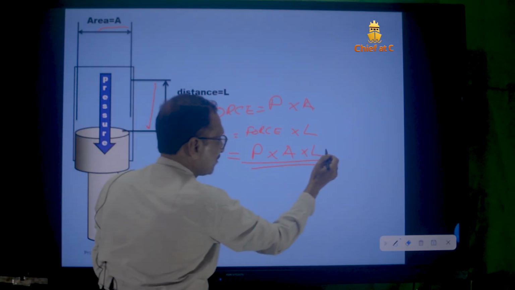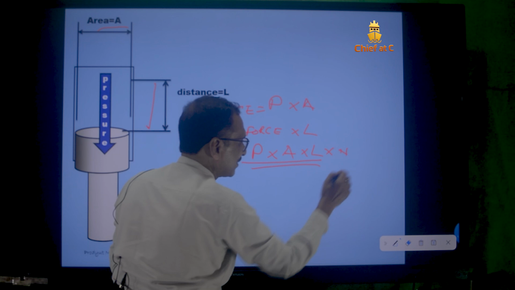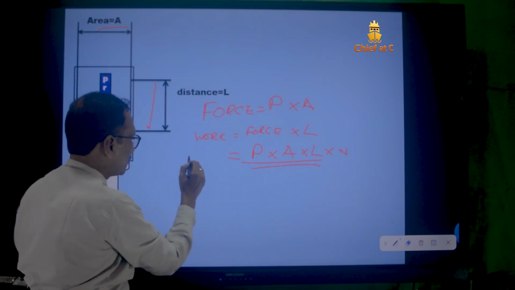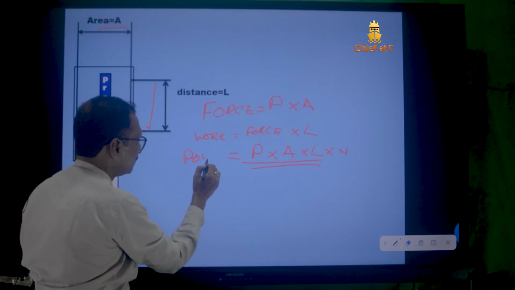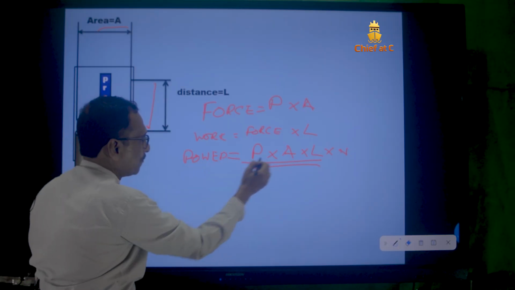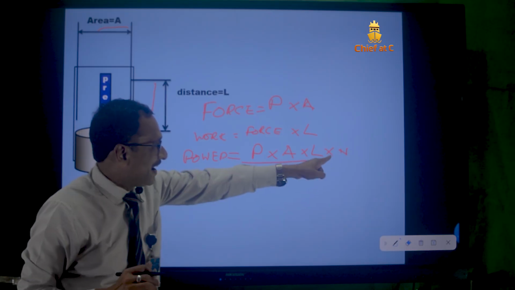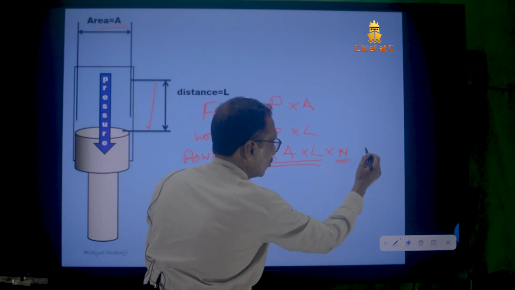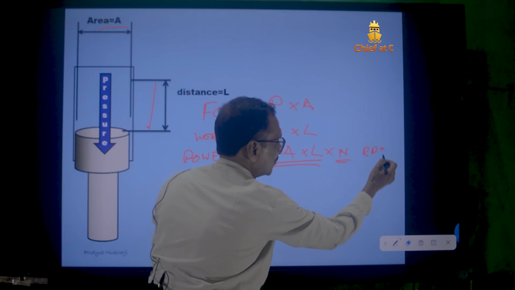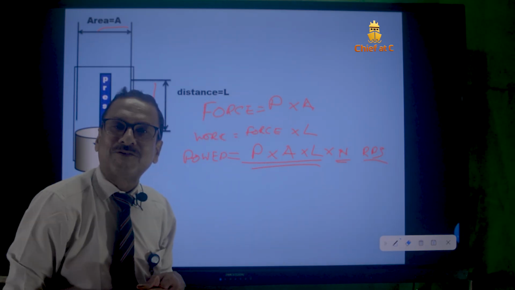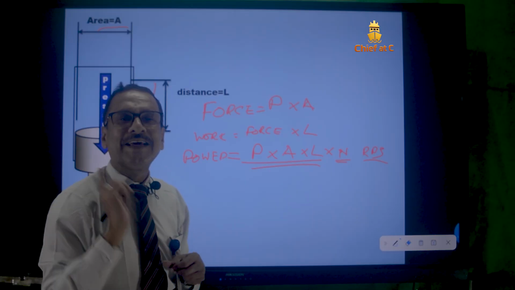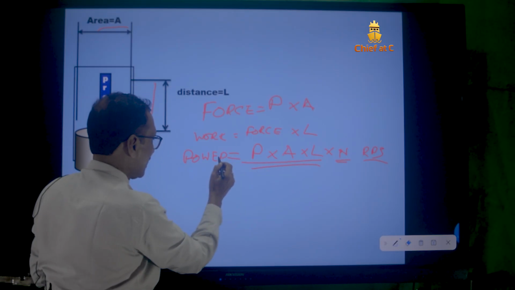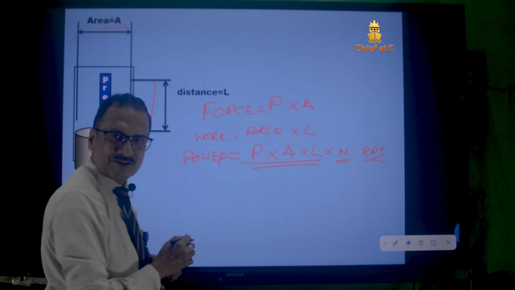If the piston moves n times up and down in 1 second, then this would be the power. This n is actually the revolutions per second. So the work done is this one and the power formula is this.